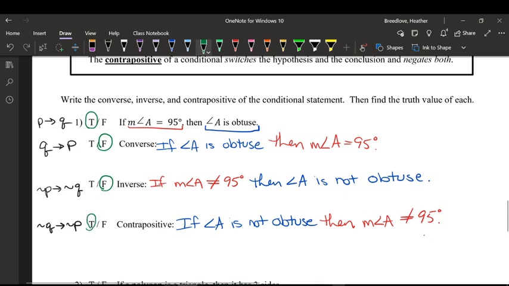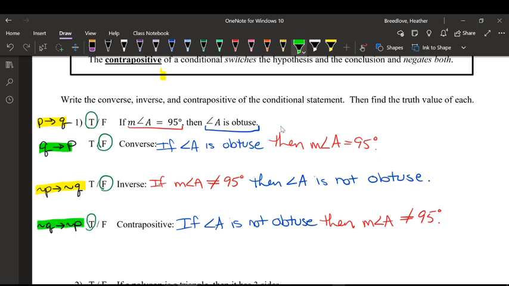All right, so you can see that the truth value of the conditional has the opposite truth value of the inverse. Those two are in the same order, P then Q, P then Q, but the inverse is negated, so the truth value changed. And the same with the converse and the contrapositive.